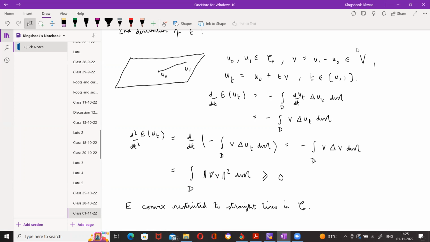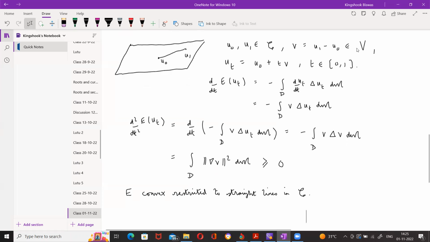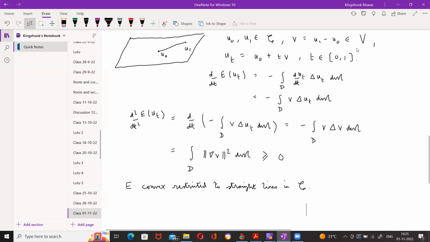Okay. Now, suppose u naught, the starting point of this straight line, is a harmonic function.